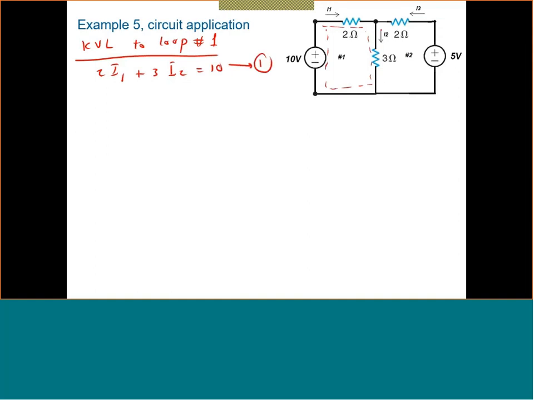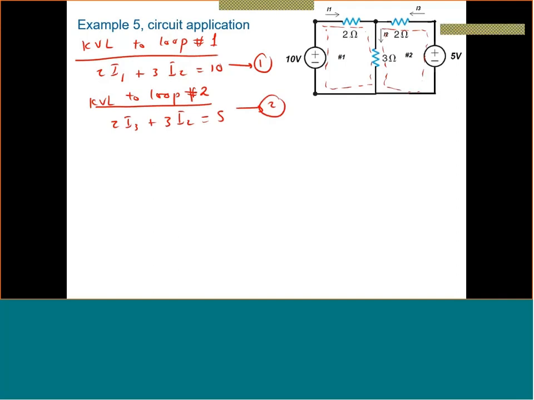Then I will take KVL to the second loop, loop number 2. So we have here 2I3 plus 3I2 equal to 5, equation number 2.